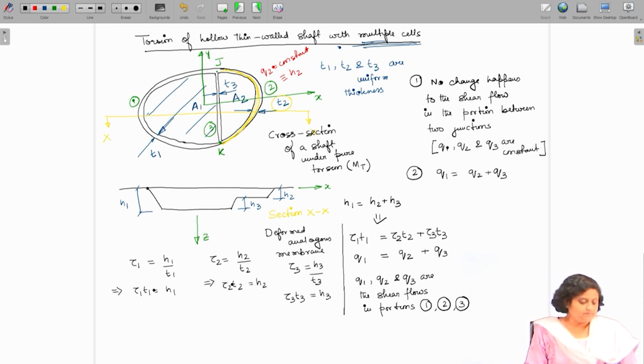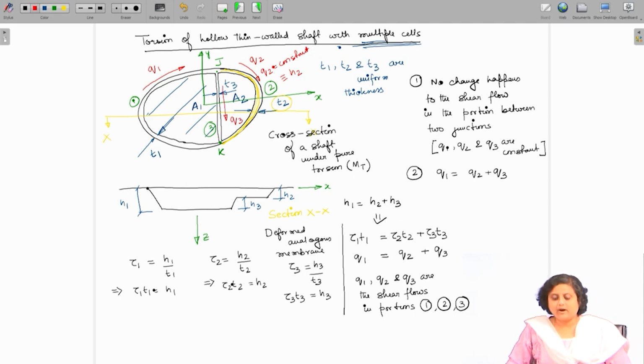So, what is meant by Q1 equals Q2 plus Q3? Let me draw. This is Q1, the direction of the shear flow Q1, and this is Q2 and this is Q3. So, what does Q1 equals Q2 plus Q3 mean?